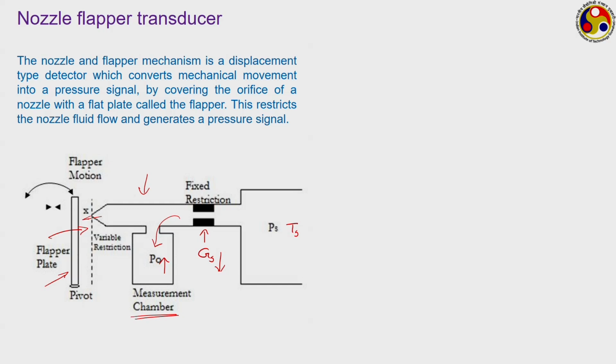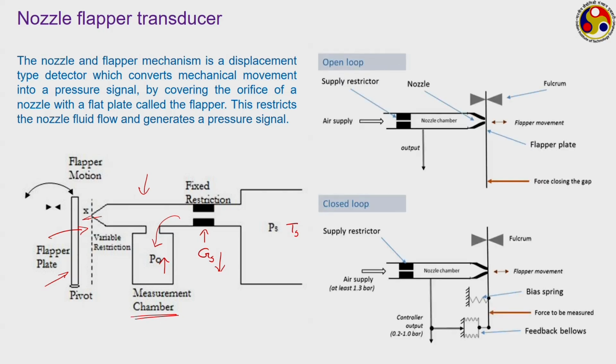But how this outlet pressure is changing, and correspondingly how the quantity of mass that is stored in the chamber changes, that can directly be related to the displacement of this flapper plate, which we shall be seeing very shortly. Generally we can have two types of configuration of this nozzle flapper transducer. One is the open loop, just like what we have discussed. Here the force that is coming from the movement of the specimen closes the gap, and the flapper is generally fixed by a fulcrum like a pivot somewhere here.